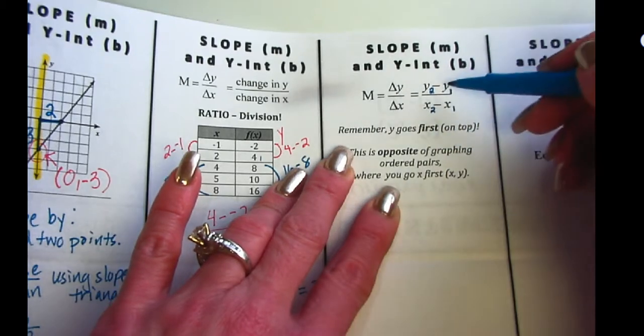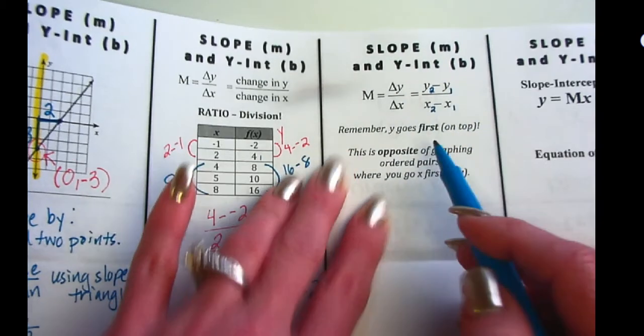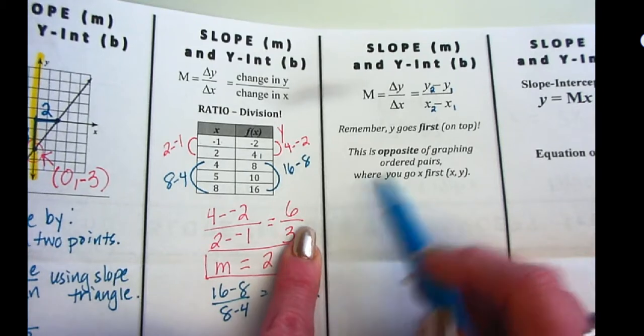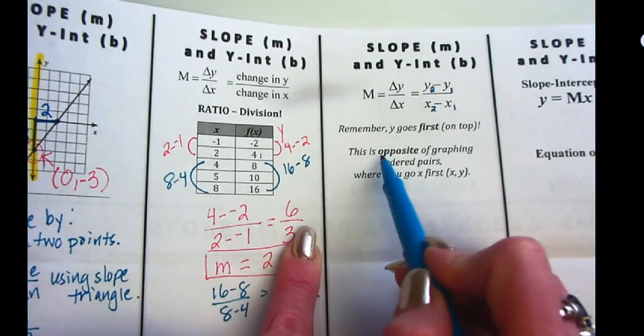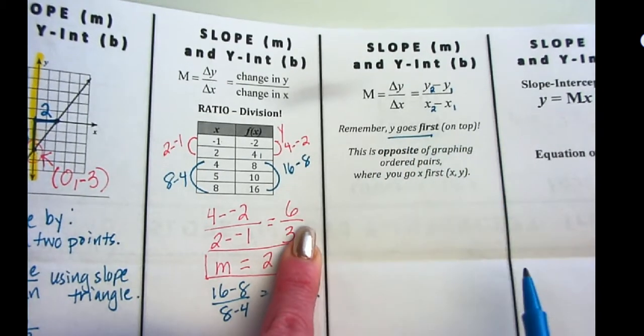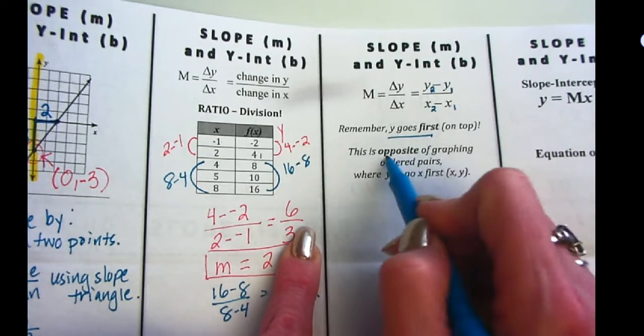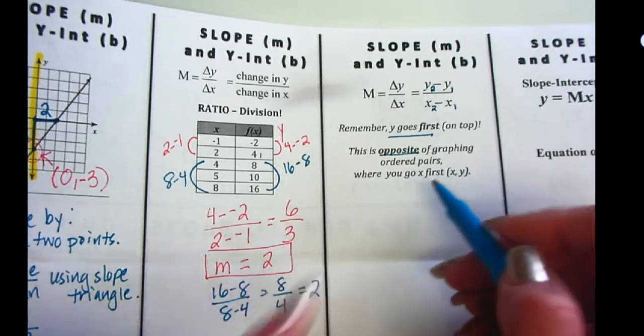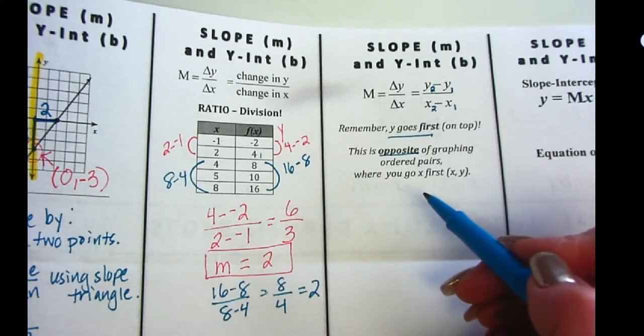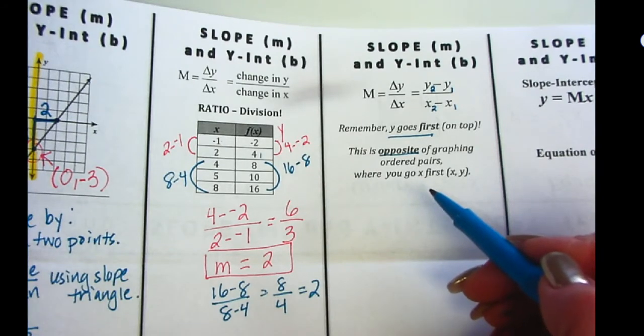You're calculating a ratio of the change in y over the change in x using the coordinates. And what's important to remember is that y always goes on top. And this is the opposite of graphing ordered pairs, where usually when you graph, you go x to y, but when you're writing slope, it's y over x. So sometimes that can be a little confusing.